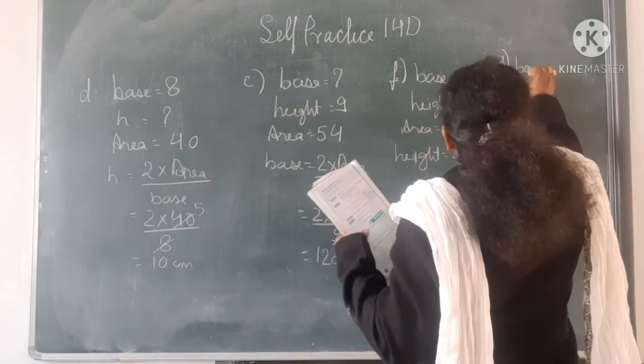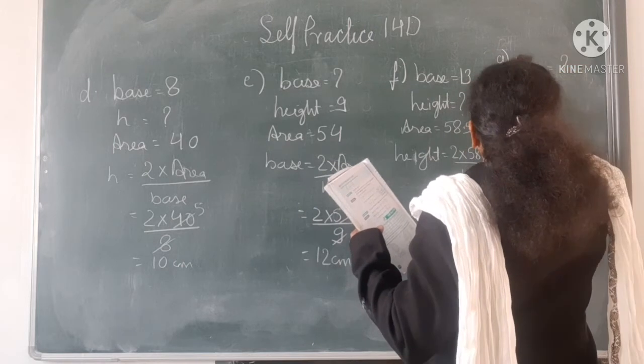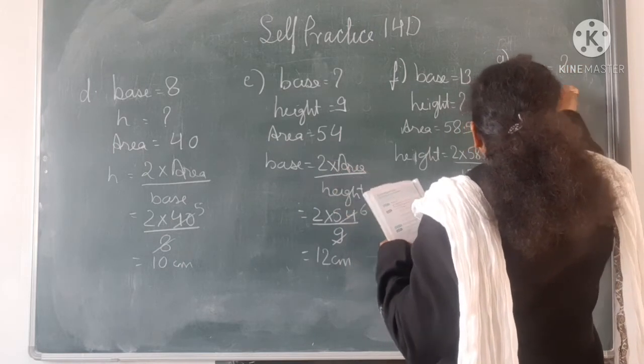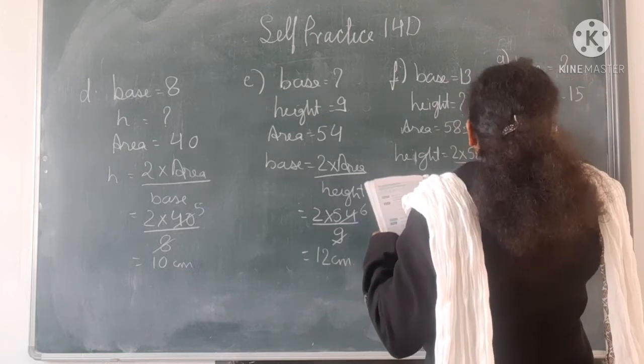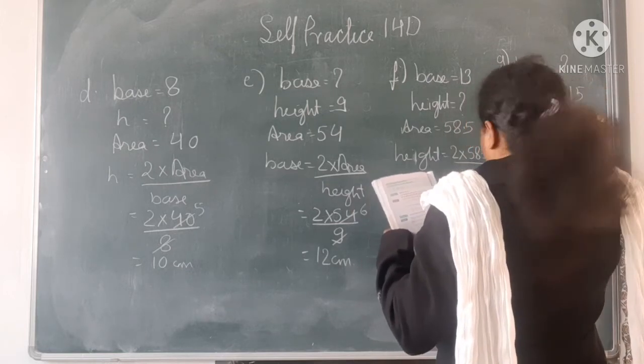Base is not given, height is given. How much? 15, and area is given as 135.